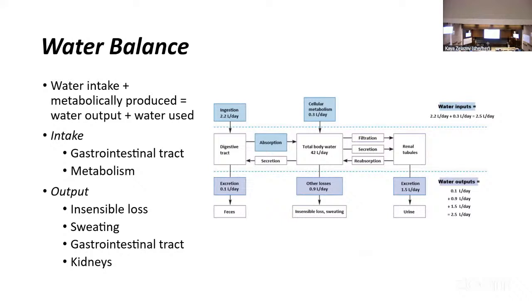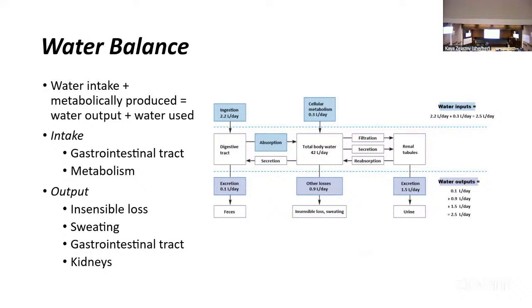Our going out part, our output for the water balance that we're trying to physically balance, right? It's going to be partially something called insensible loss. So think of like water vapor that you breathe out during expiration. You don't notice it. So that's kind of getting to that insensible part. Sweating, you're removing water. Your GI tract and your kidneys are going to be excreting water as well.